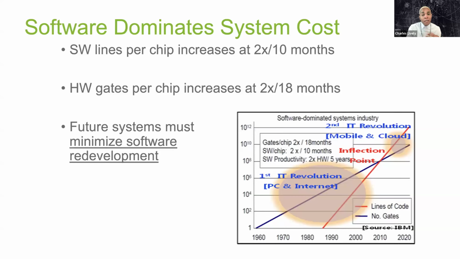While hardware increases over time, it does not increase at the same rate as software, because software changes occur. Imagine every time you have a software update. So making improvements in software has a bigger impact. And so what we want as we advance is for future systems to be able to minimize that software redevelopment cost because it occurs very rapidly.